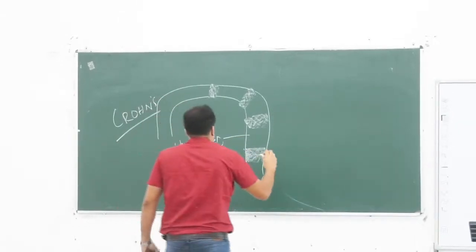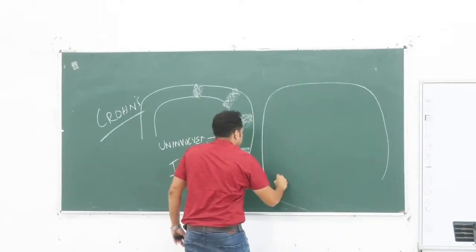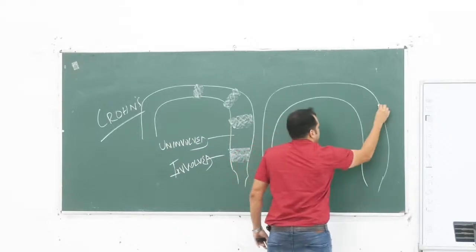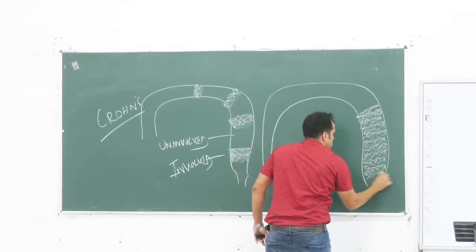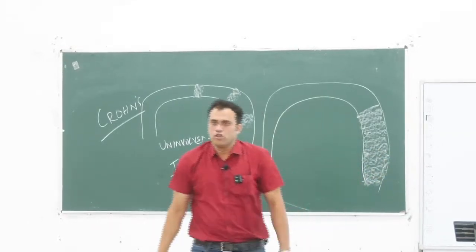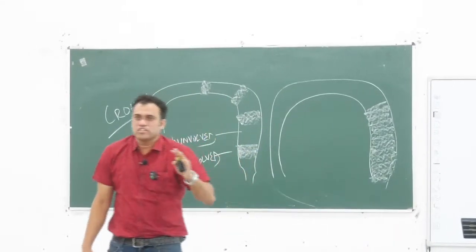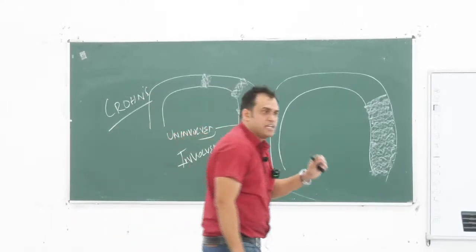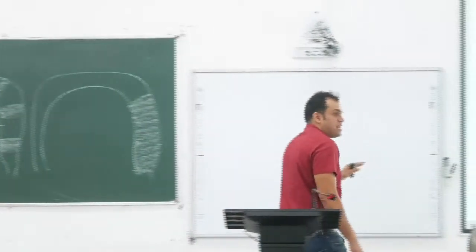And then when you come to ulcerative colitis, you get a continuous involvement, predominantly affecting the large intestine, the rectum and the colon. Crohn's disease can occur in any part of the GI tract.